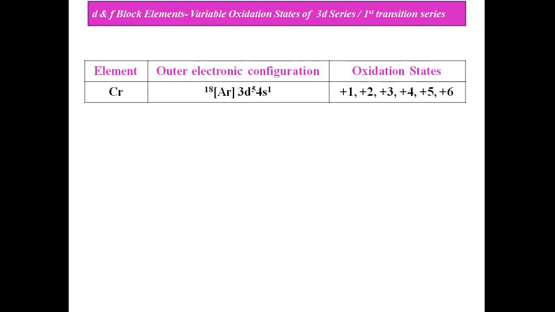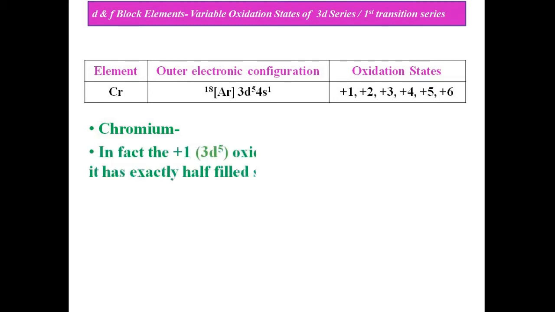Similarly, we will discuss chromium: +1, +2, +3, +4, +5 and +6. Why +1 here? In 4s it has only 1 electron, so +1 is there, the lowest oxidation state of the 3d series. In fact, this +1 oxidation state is more stable as the d orbital becomes exactly half filled.